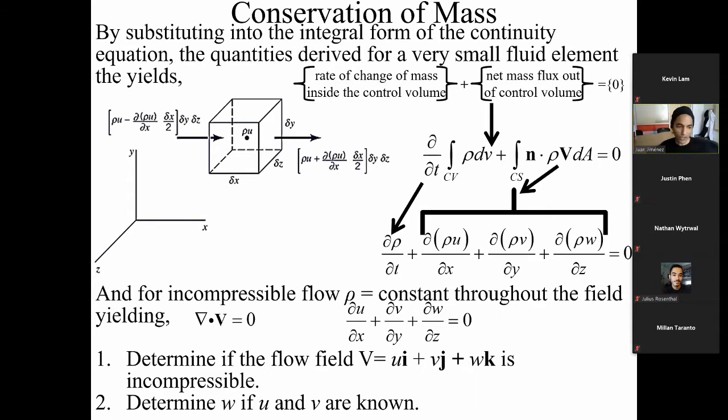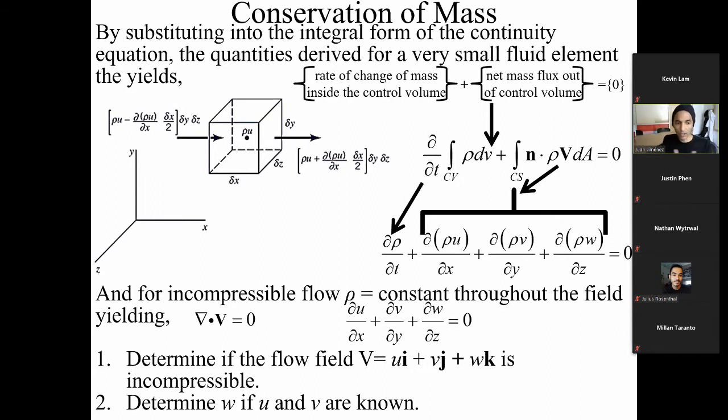Yeah. So we can also use the continuity equation right here. If, for example, you have a flow field and you needed to determine W and you know U and V, we can simply substitute those in there and then just integrate and find out W. And we did a few examples of those a few weeks ago.